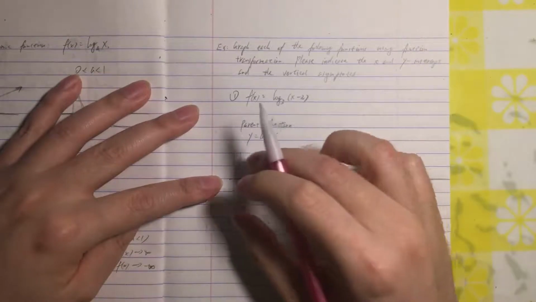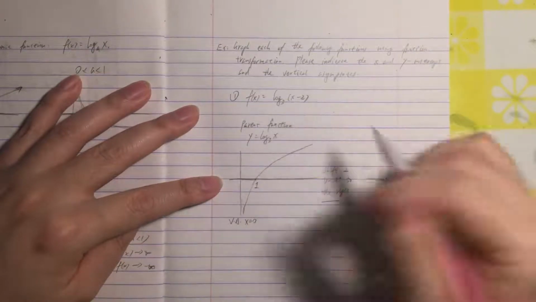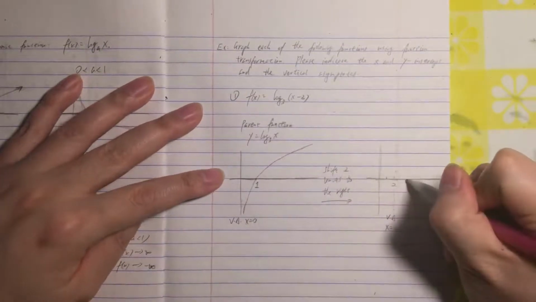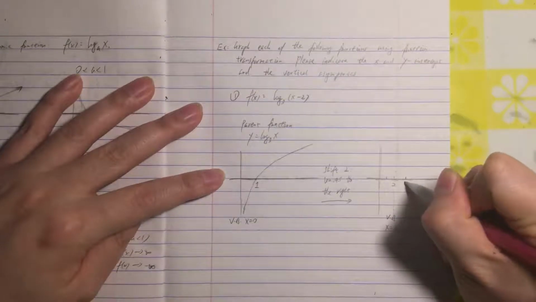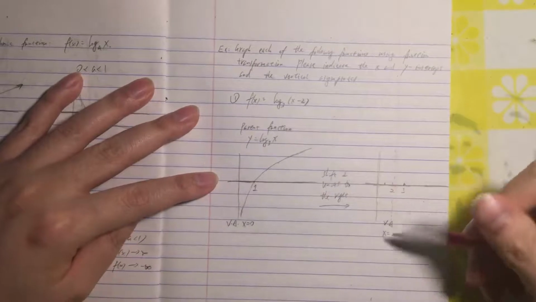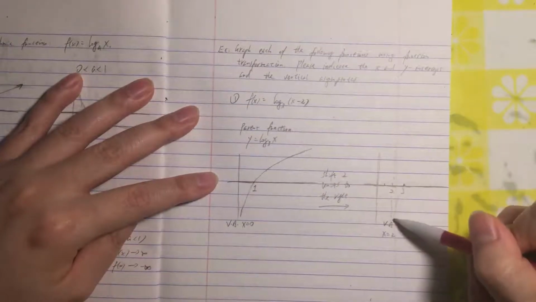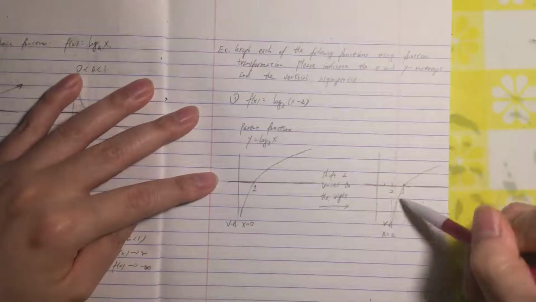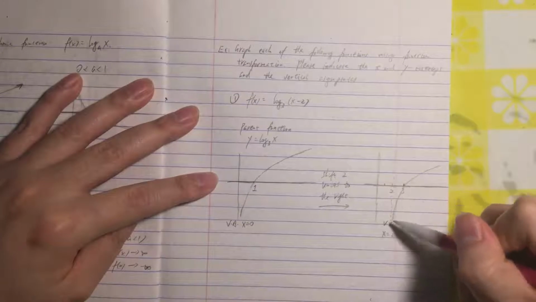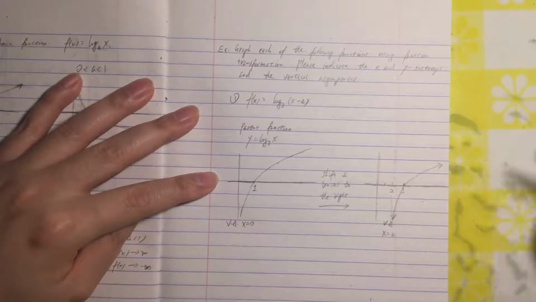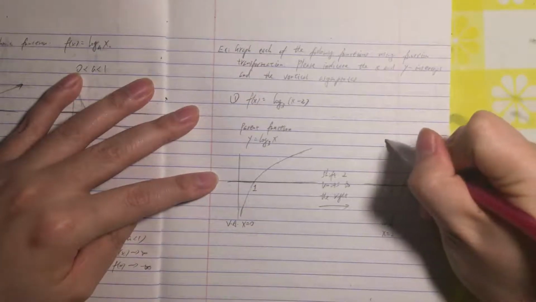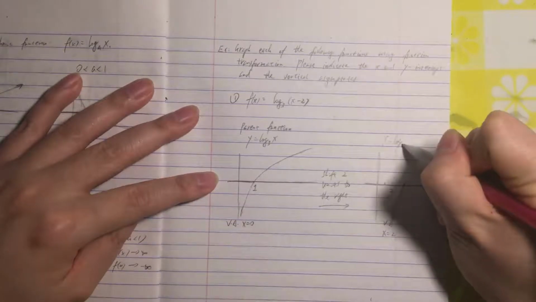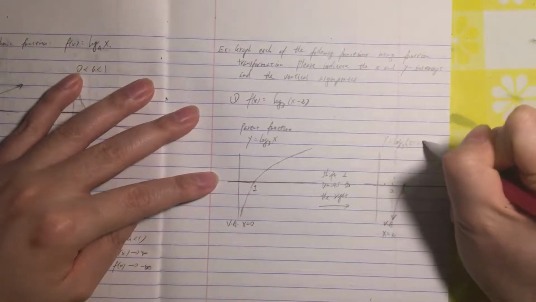If I shift it 2 units to the right, it will be 3. 1 plus 2 is 3. Then draw the graph in the same shape. That's the graph of the function y equal to log base 3 of (x minus 2).